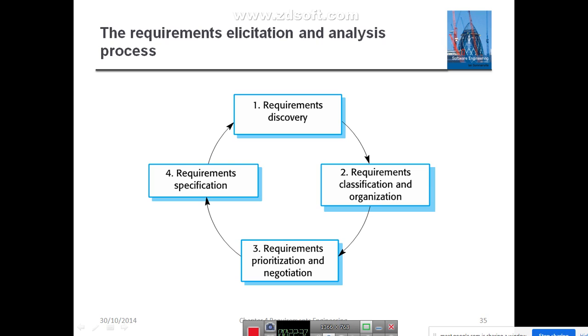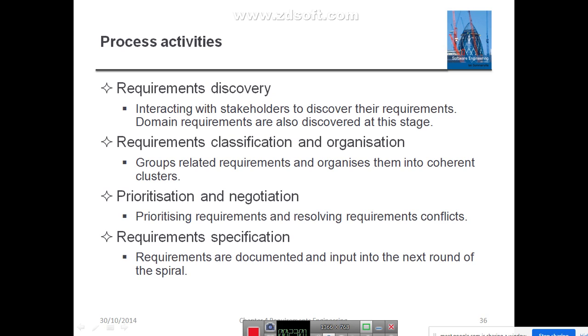Here, you are executing one by one in an iterative way, but there is a one-to-one connection. Once the requirement specification is done, if a new stakeholder emerges, you again discover the requirements. So all these stages are interleaved. Clear? Is that clear?